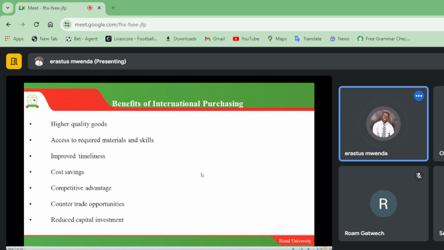And lastly, the final benefit of international purchasing is you are able to have a reduced capital. So reduced capital investment simply means you will find yourself in a situation where as an organization you will need to spend a lesser amount, like we have said, in terms of saving of cost.